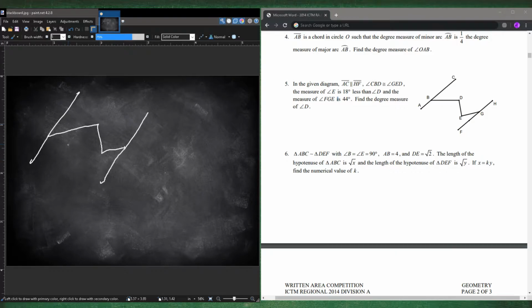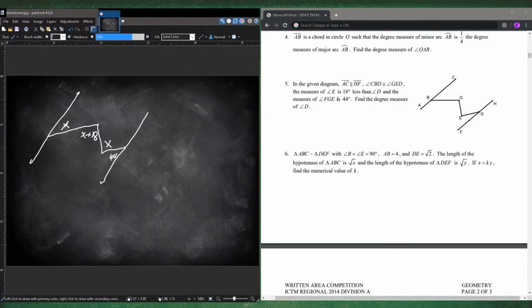And they say angle CBD is equal to GED, so it's equal to this angle. And they say angle E is 18 less than angle D, so this angle is 18 more than it, so this is x plus 18. And the measure of GE is 44, so this is 44.